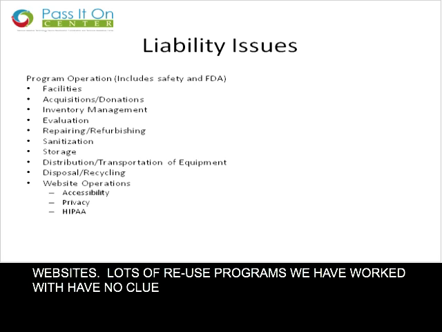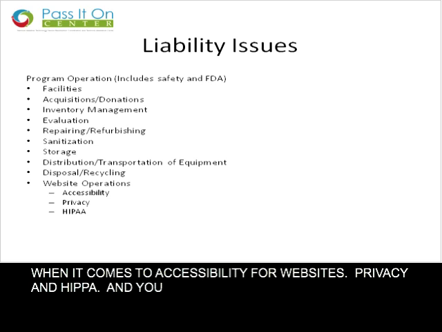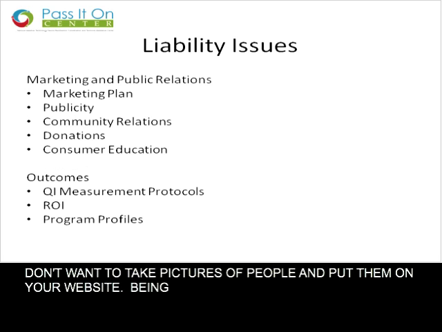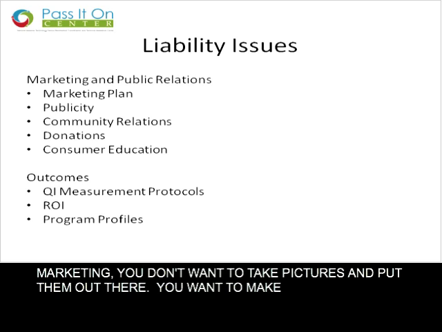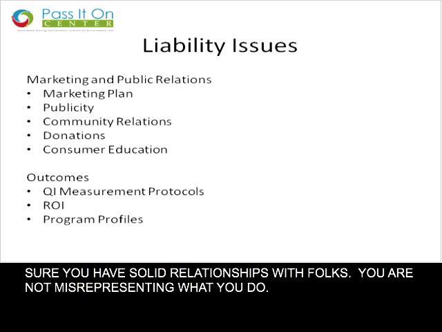If you have a website, and I'm looking at the list of the folks that are here, I'm sure all of you are very familiar with accessibility features for websites, but there are lots of reuse programs that we have worked with that have no clue what we're talking about whatsoever when it comes to accessibility for websites, privacy, and also HIPAA. For example, you wouldn't want to just take pictures of people and throw them up on your website. So being mindful of those things.